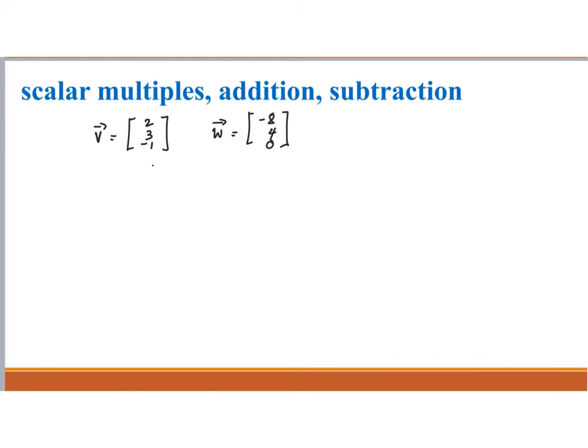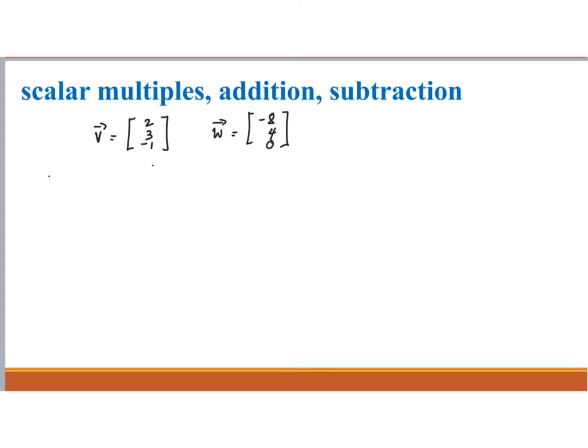Finding scalar multiples and performing addition and subtraction with 3D vectors is very similar to 2D vectors. Suppose we have these two vectors, for example: the vector v with components 2, 3, -1, and w with components -8, 4, 0.